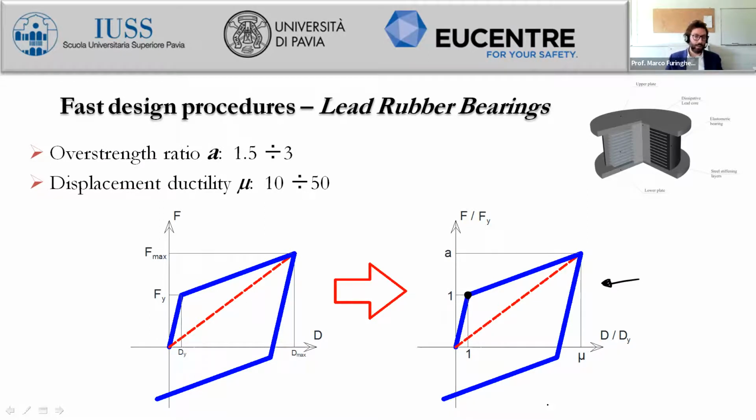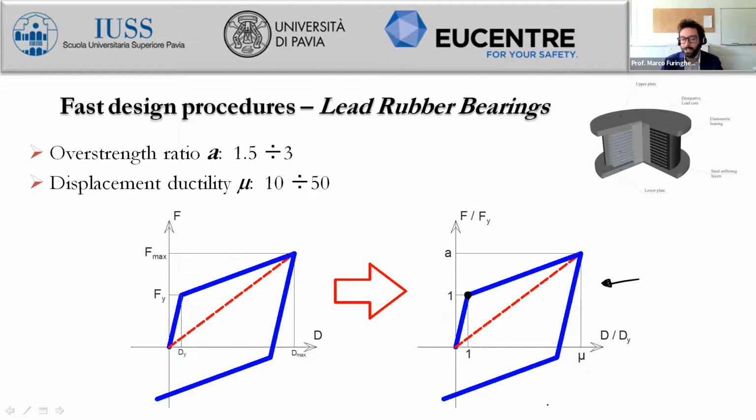We are also providing energy dissipation there, so we are trying to limit the maximum displacement, but in comparison to the yielding one, the maximum is very large, and the displacement demand could achieve also values up to 50. And for what concerns the vertical component of the maximum displacement point in the second diagram, we can call it the overstrength ratio. It is the ratio between the maximum force and the yielding one.